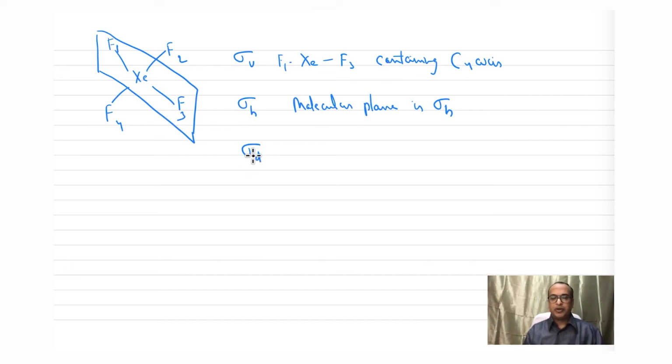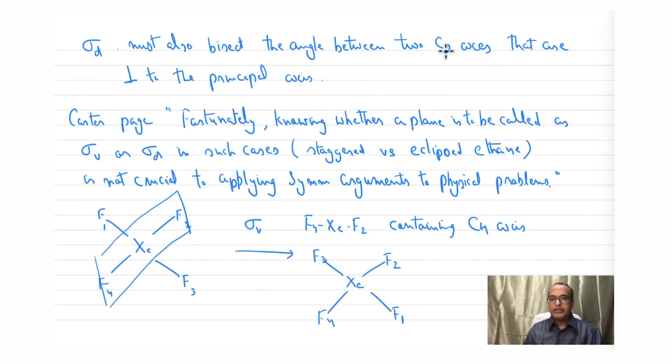Okay. Or in certain cases, you will see the definition: bisect two C2 axes or two sigma V's that are perpendicular to the principal axis. Two sigma V's containing the principal axis.